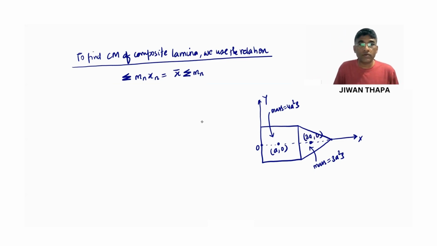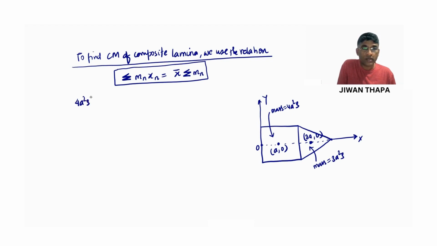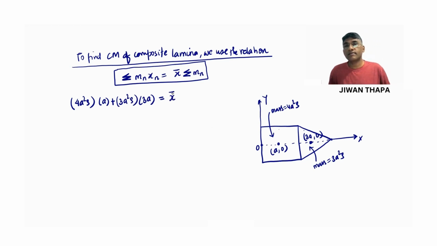So we have this. Now, using this relation, we write it this way: 4A square rho times the x coordinate of its center of mass, that is for the square lamina, this is A, plus, for the triangular lamina, mass 3A square rho times the x coordinate of center of mass for the triangular lamina, so it is 3A, equals x bar, that is the x coordinate of center of mass of the composite lamina, times the total mass of the composite lamina.